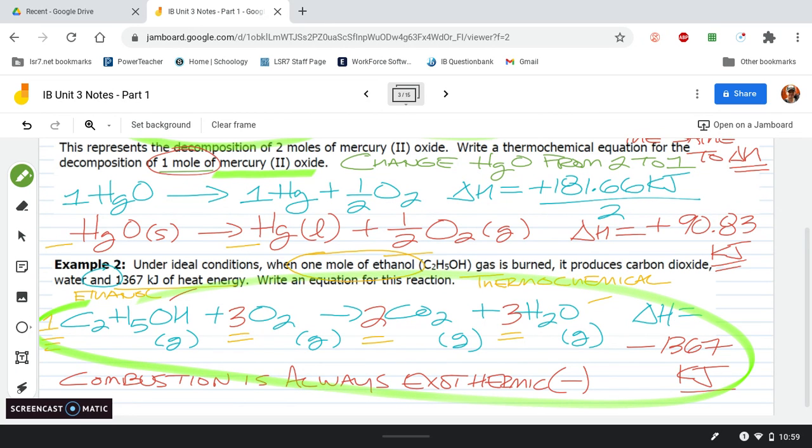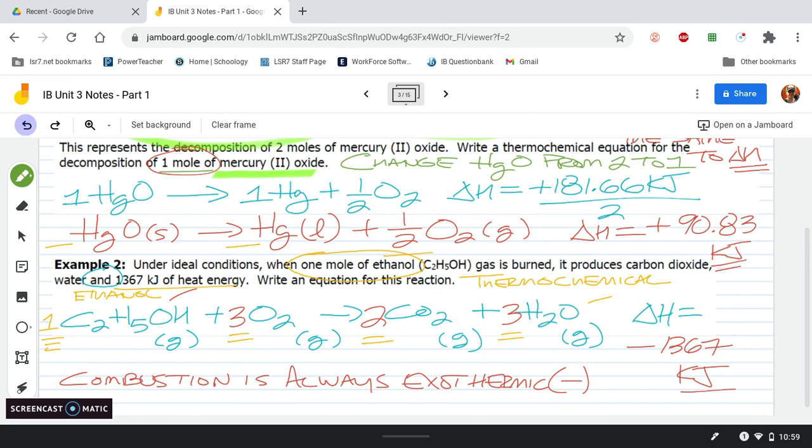All right. Key takeaways. Combustion is always exothermic. They don't give you the sign when you do a problem. It's not automatically given to you. They may assume you know acid base is negative, combustion is negative. You have to include a delta H with any thermochemical equation.